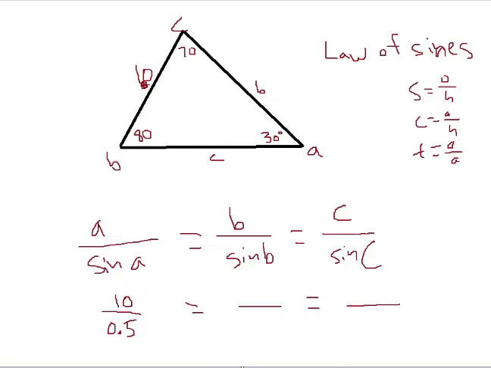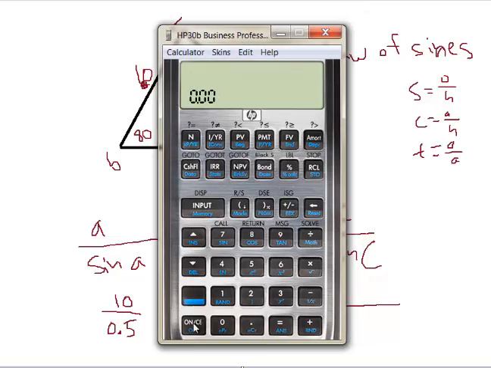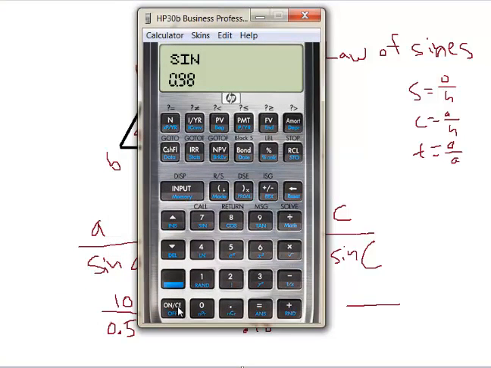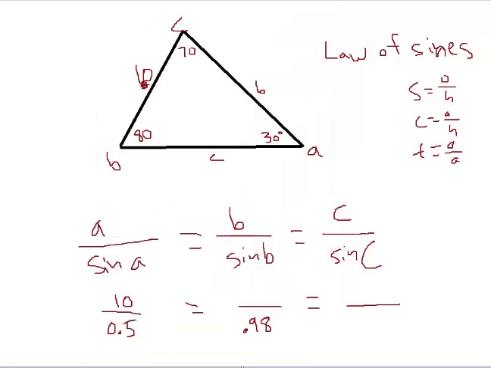Let's say angle B. Angle B is 80, so let's do the sine of 80, which is 0.98. So we'll put 0.98 over here. And what about the sine of C? The C is 70. So sine of 70 is 0.94. So we'll put 0.94 over here.